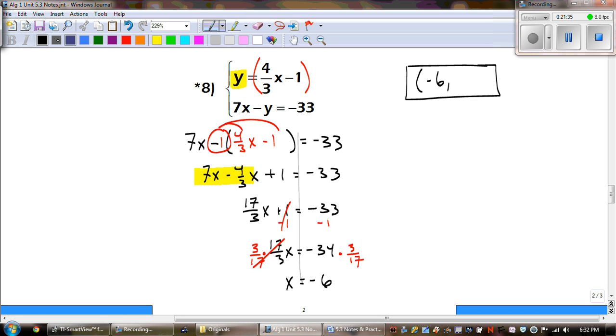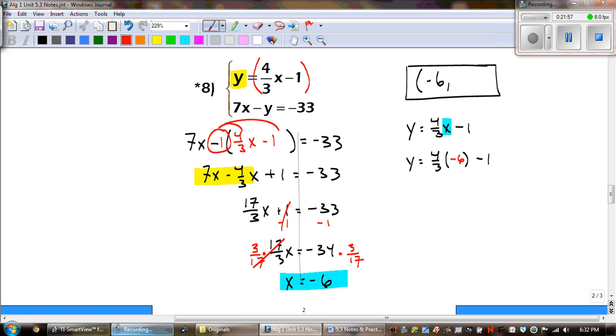Okay, so now that I know what x is, I can go back to our original equation, y equals 4/3 x minus 1. I know x is negative 6. So we get y equals 4/3 times negative 6 minus 1.